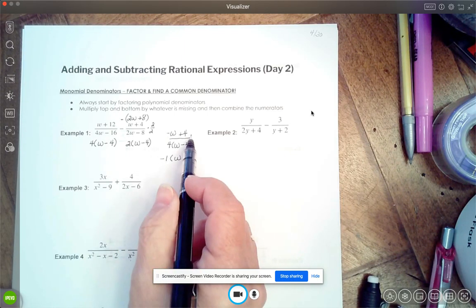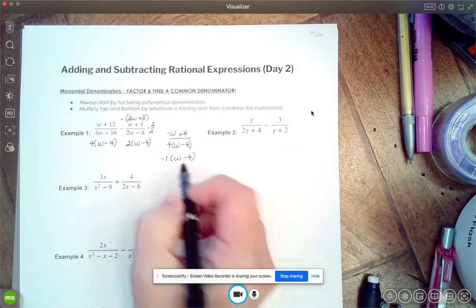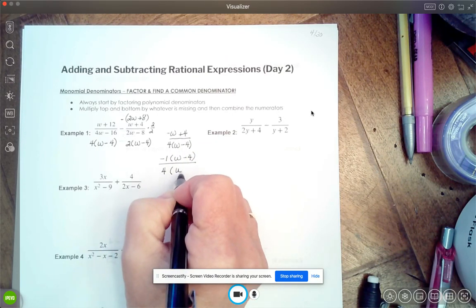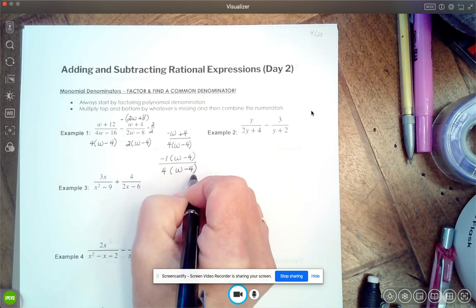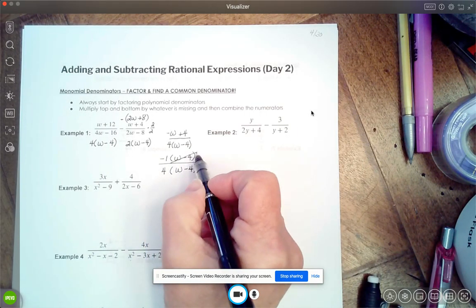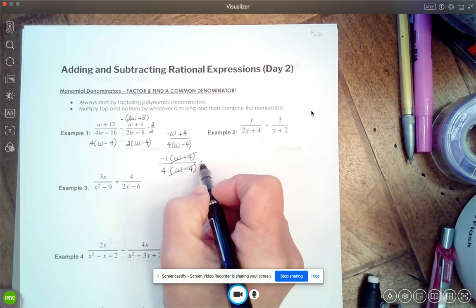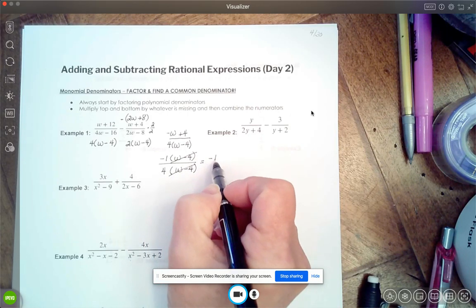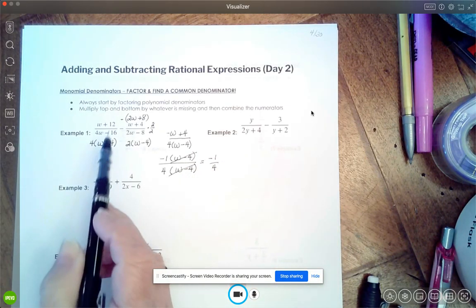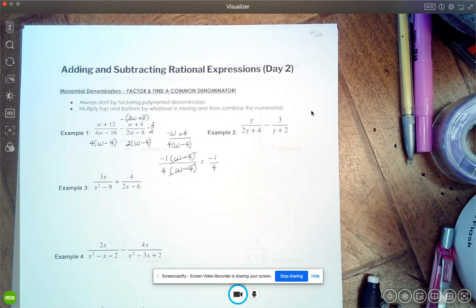Negative times negative 4 is a positive 4, over 4 times w minus 4. Now I can simplify this because I have a w minus 4 in the numerator and the denominator. My answer is negative 1 over 4. So I have turned all of this, example 1, into negative 1 over 4.